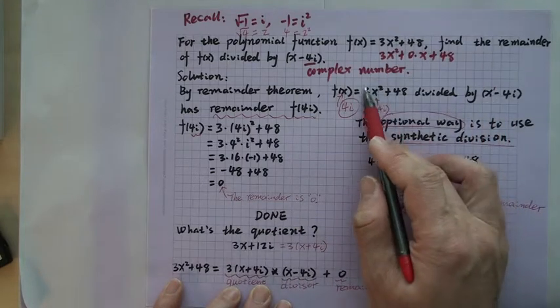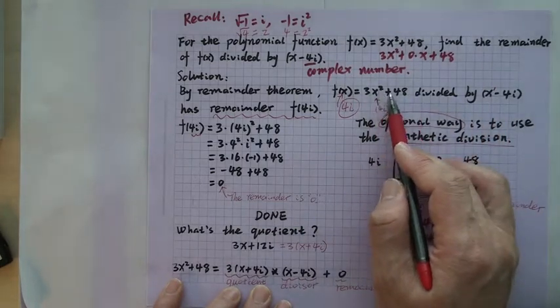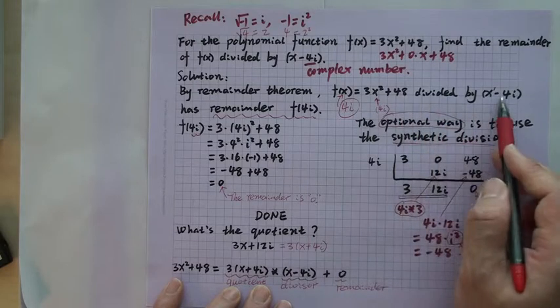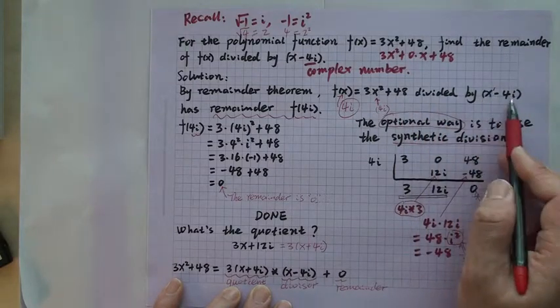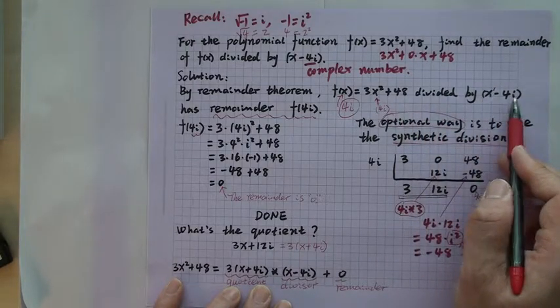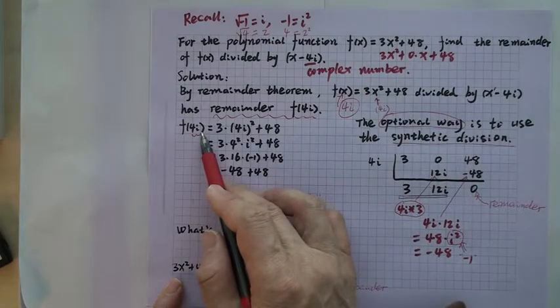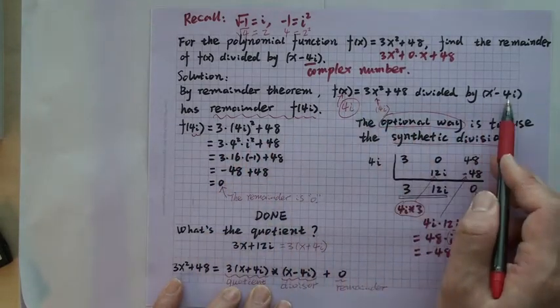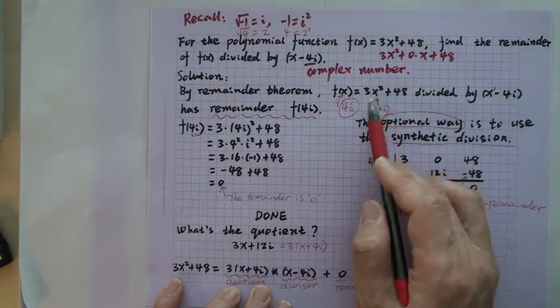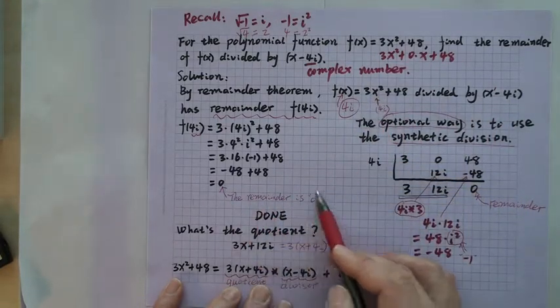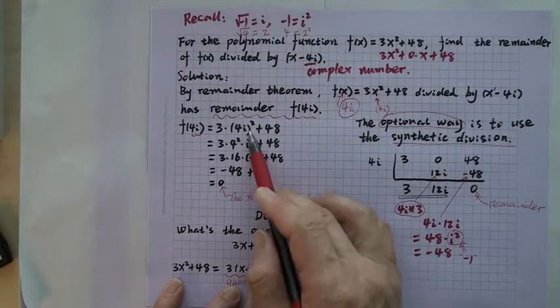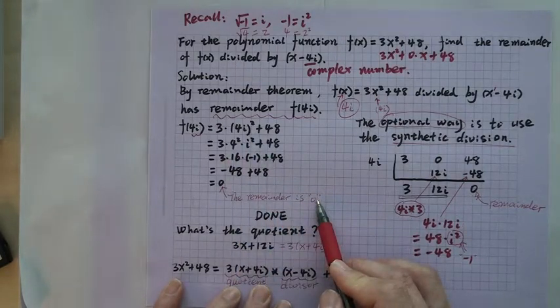If 3x squared plus 48 is divided by x minus 4i, then the remainder can be found by plugging 4i into it and finding the value. In this way, you have the remainder.